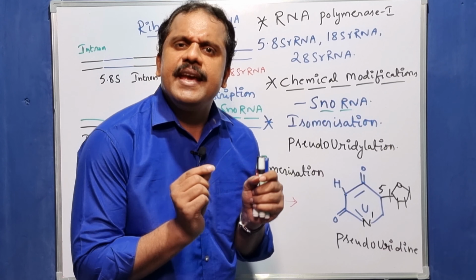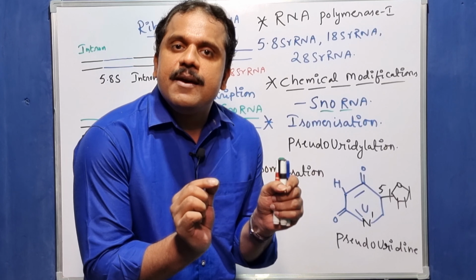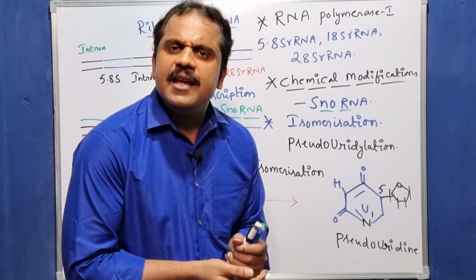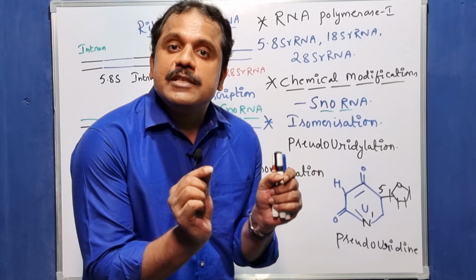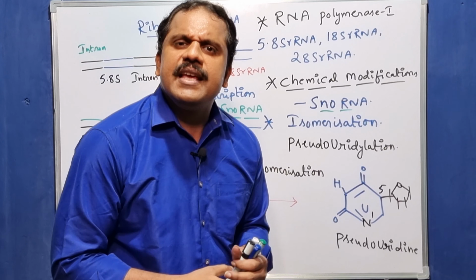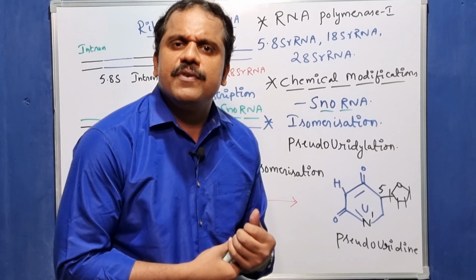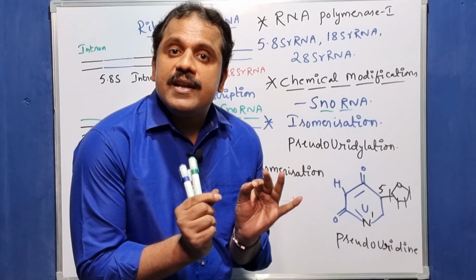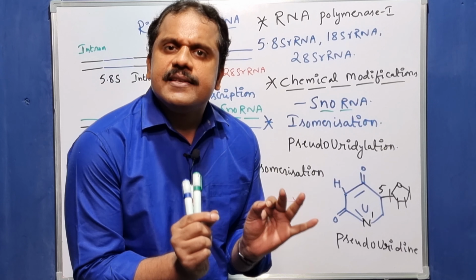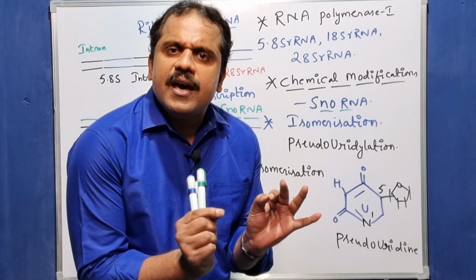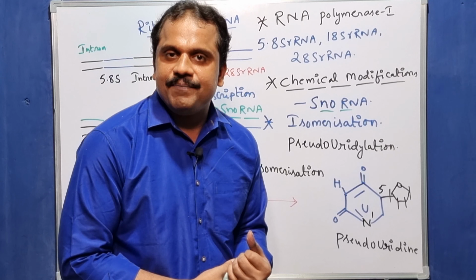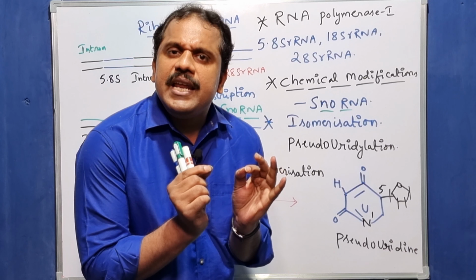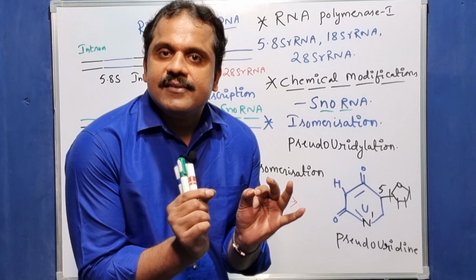So here, by taking advantage of HACA box snoRNA, multiple pseudo-uridine nucleotides are introduced into the specific introns. Once the chemical modifications are organized by different types of snoRNAs like CD box snoRNA and HACA box snoRNA, now, in order to cleave the specific introns, is it clear?